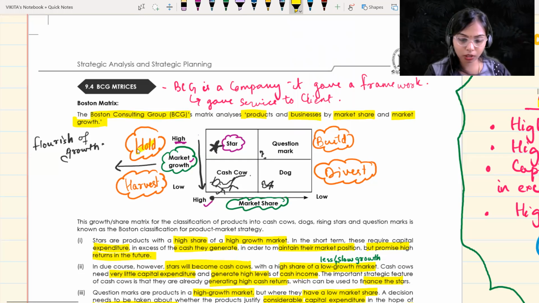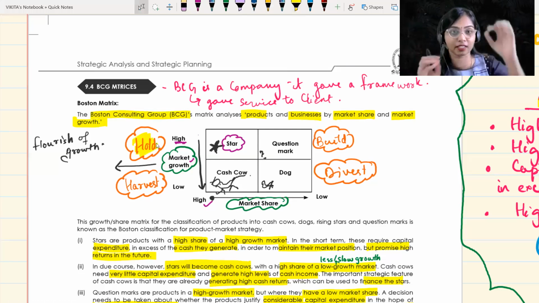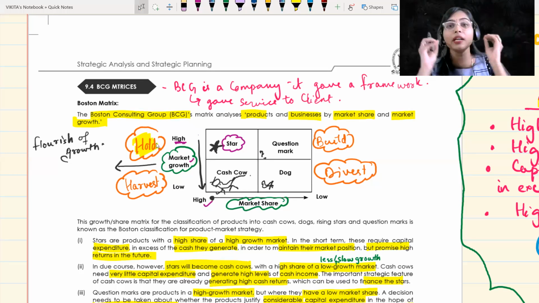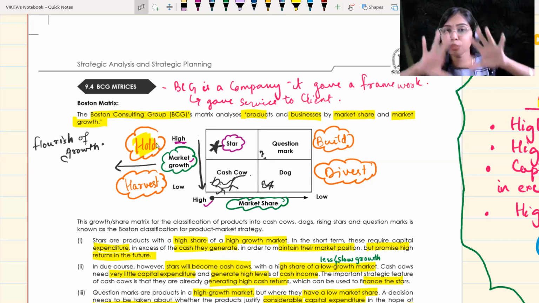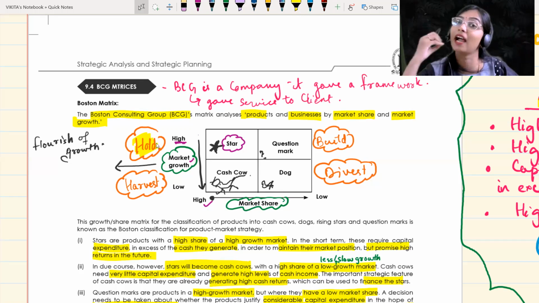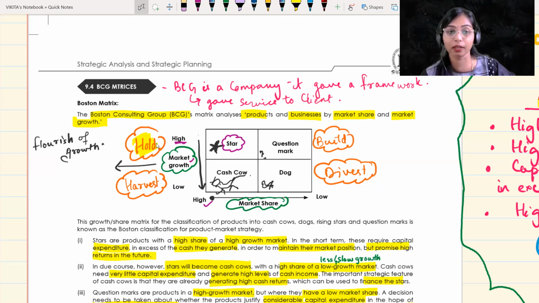It means that whatever the position of the market is, if it is high growth and high share, then that particular product should be properly held on. You should make sure that it is not coming down nor going lower. So the strategy to be followed in this quadrant of star position is holding on.